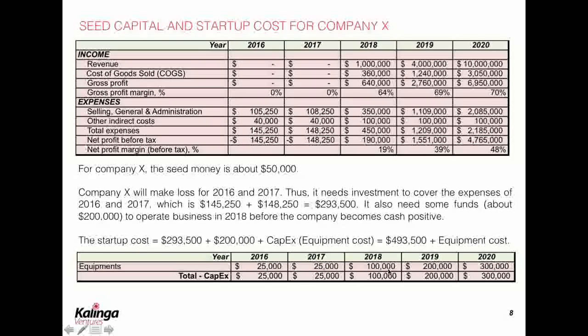You don't add it for 2018, 19, 20 because you would be generating revenue in those years, so you don't have to raise that amount of money. If you sum it up, you will get $543,500, and that is the startup cost. So company X has to raise that amount of money for this profit and loss statement.